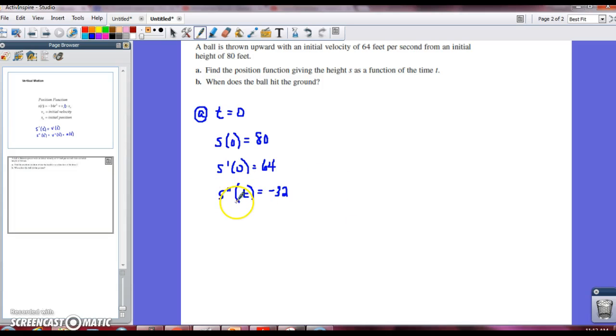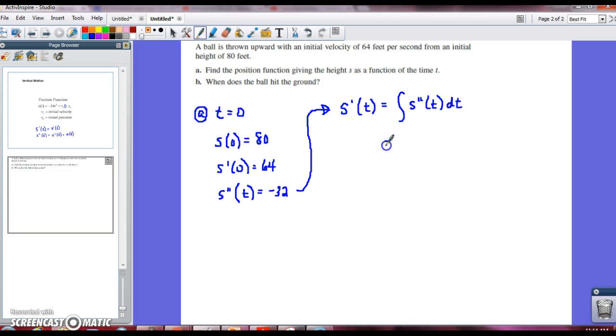I know the acceleration function, or the second derivative of the position function, is negative 32 feet. And from there, if I go ahead and take the antiderivative of that, it'll give me s prime of t. Okay, so what I'm saying is this: s prime of t is the same as taking the integral of s double prime of t dt.